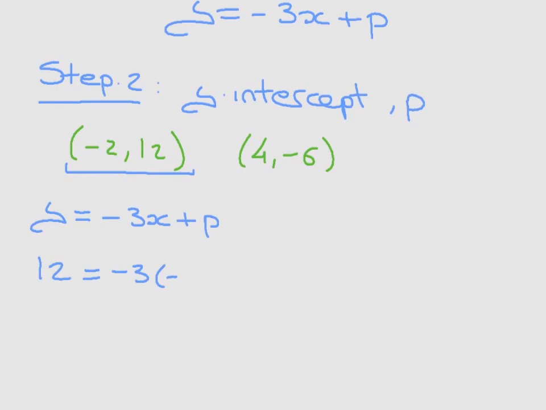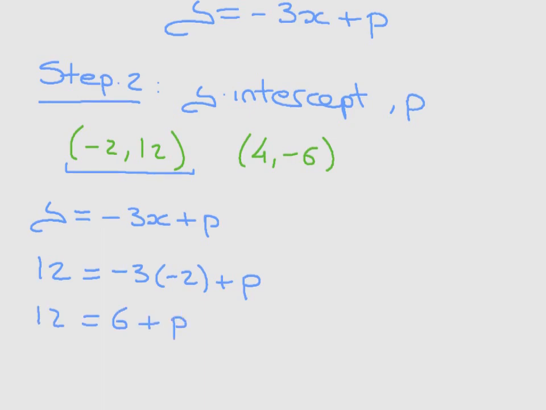So I'm rewriting this line equation, replacing y by 12 and x by -2. This is now an equation for p that we can solve. That leads us to 12 is equal to -3 times -2, which is +6, plus p.